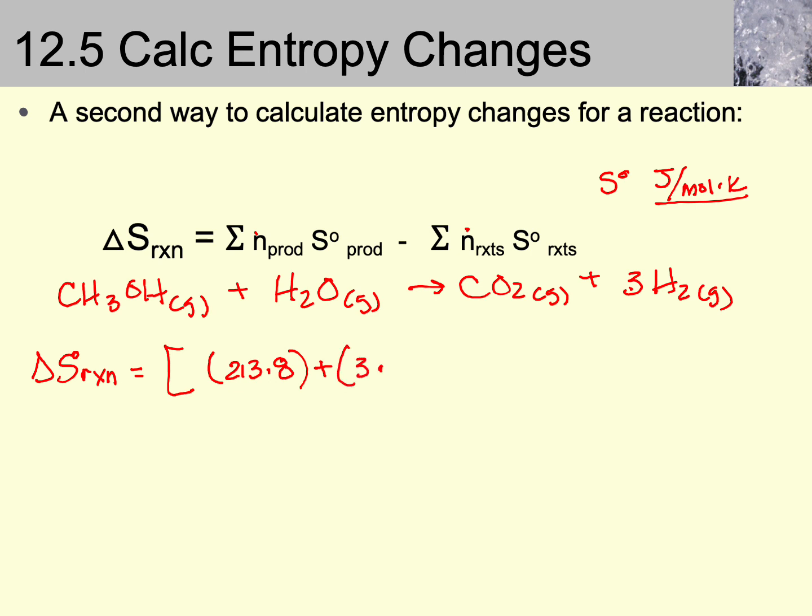So 3 times 130.6. And it's the products minus the reactants. So on the reactant side, for CH3OH, my S value is 239.9. And for H2O, my S value is 188.8.